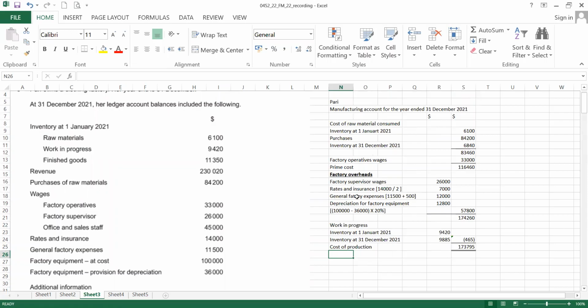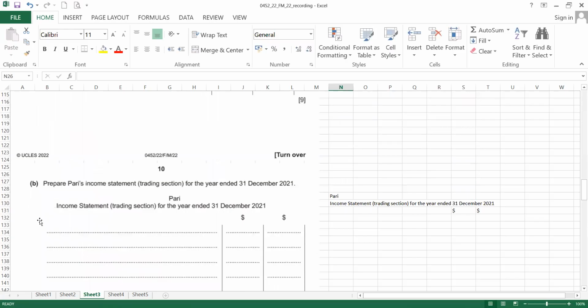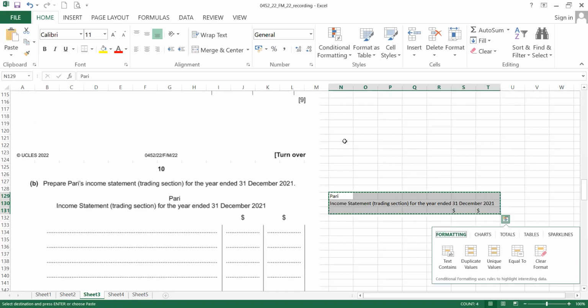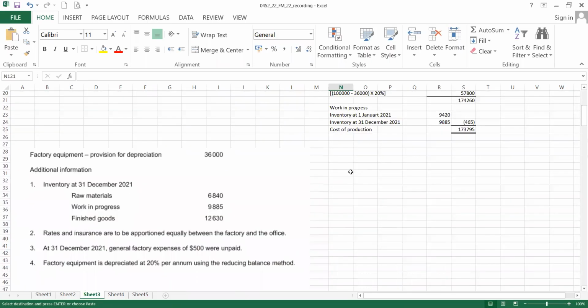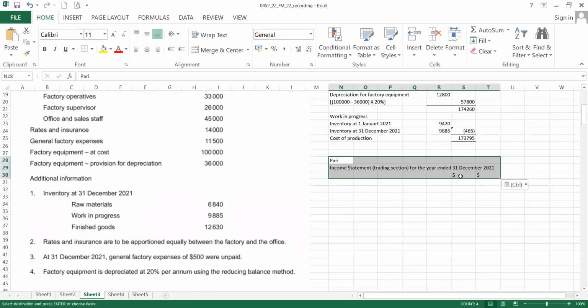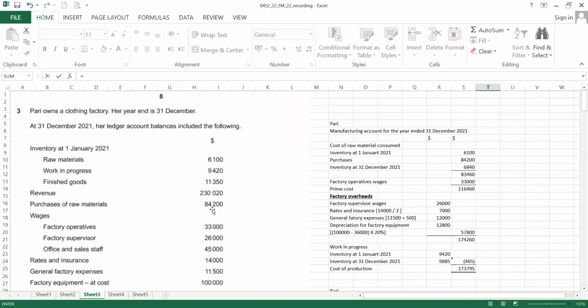So for the next part, what do they ask for? Okay, the next question asks for the income statement, the trading section, so we do up to the gross profit. Let's see what information I have. Okay, we have revenue. Our revenue is 230020.